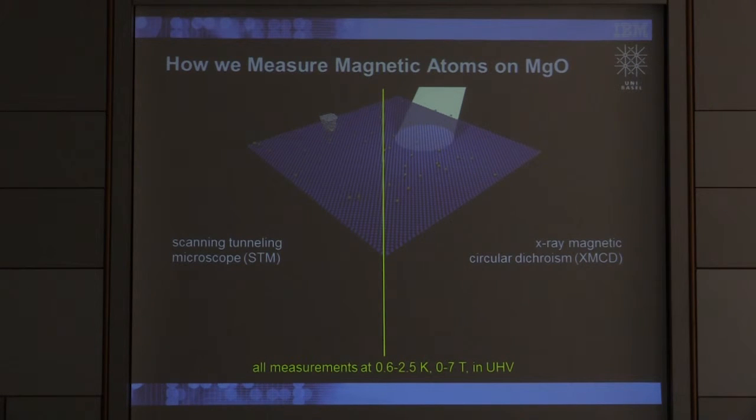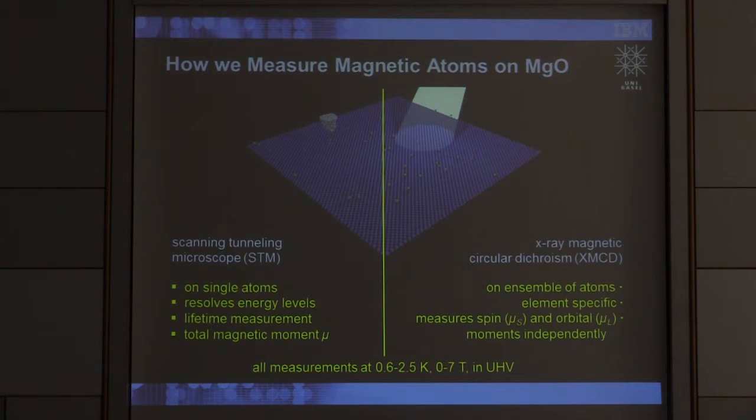And we examine these single atoms with 2 techniques. One is scanning tunneling microscopy, and the other one, XMCD, X-ray magnetic circular dichroism. We do all measurements at very low temperatures and at various magnetic fields and in UHV conditions. Now, the advantage of scanning tunneling microscopy is that we can do it on single atoms, that we can resolve individual energy levels, we can do lifetime measurements, which I won't touch on now, and we could even measure total magnetic moments, as Susanne showed earlier.